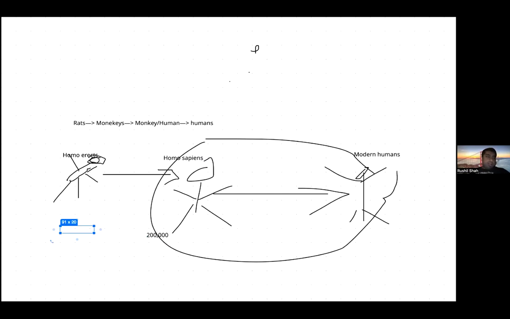The way we started getting society was by doing agriculture. Before that, the early Homo sapiens were just hunters basically. And then the Homo erectus and chimps and early humans were social creatures.